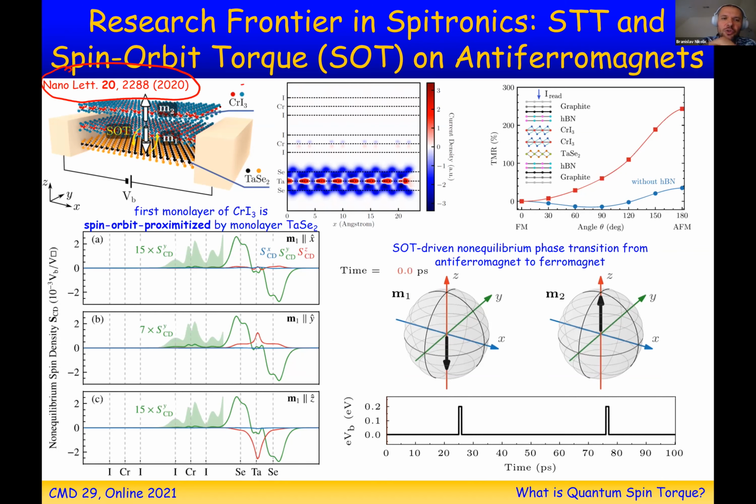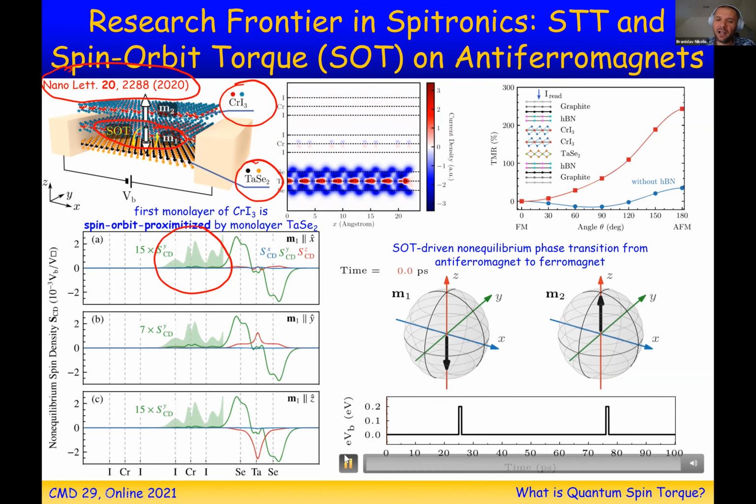If you take this new two-dimensional bilayer antiferromagnet chromium iodide and you couple it to this TaSe2, then you're going to get non-equilibrium spin density once you pass a current only on this first layer, and that would allow you to generate a non-equilibrium phase transition from antiferromagnet to ferromagnet.